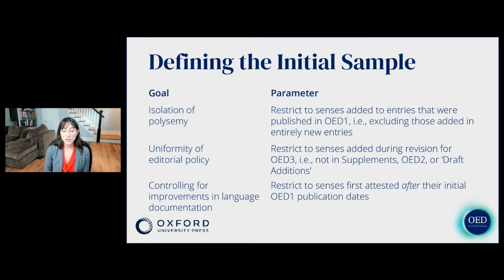And so to control for that, I restricted to senses that were first attested after their initial publication in OED1, so those that have emerged from roughly 1880, depending on the letter, 1884 and beyond, excluding those that were found to have emerged prior to that date. And I'll have a couple examples to show what I mean by that.